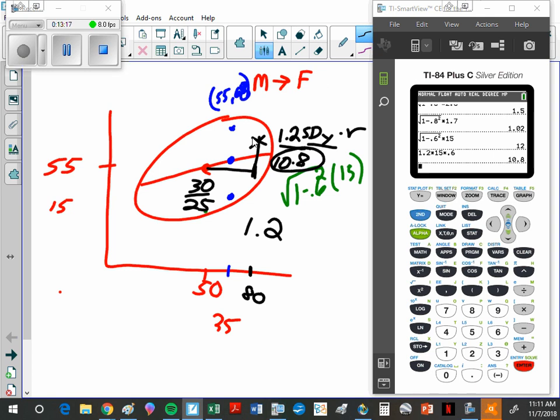What do I do with 10.8? I have to add it to the Y bar, 55, so I get 65.8. Does that seem reasonable? Yes. Why? Because of the regression effect, it's less than 80, but it's a lot less than 80, isn't it? Why is it a lot less than 80?